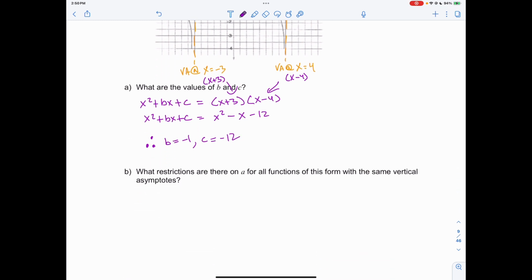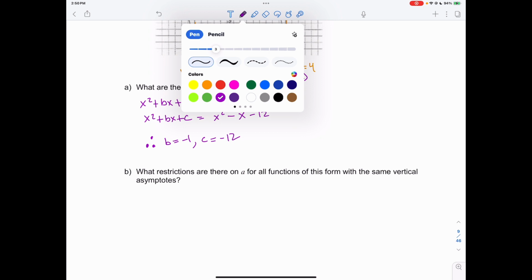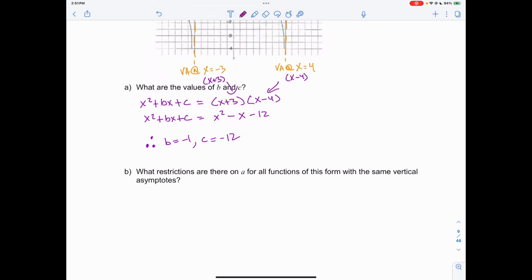What are the restrictions on A for all functions of this form with the same vertical asymptotes? We know that in this case, A could not equal negative 3 or 4.